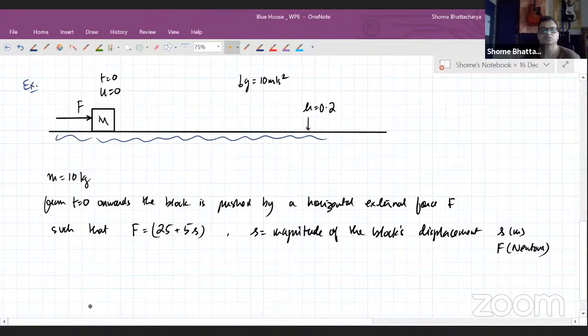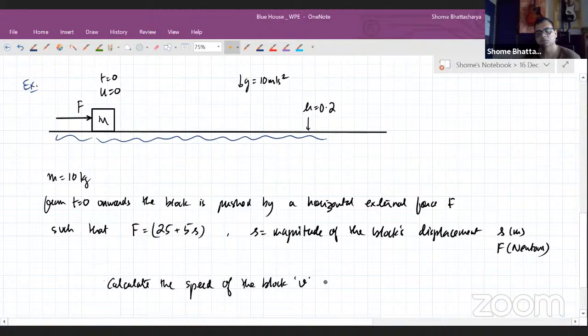F is the force in newtons. Calculate the speed of the block at a displacement of 2 meters.